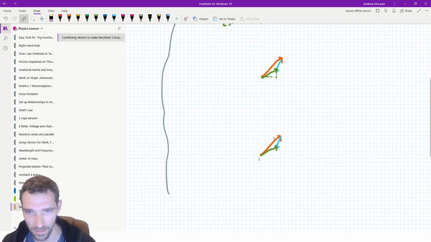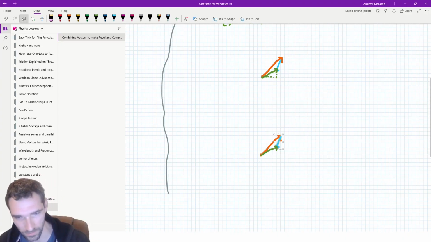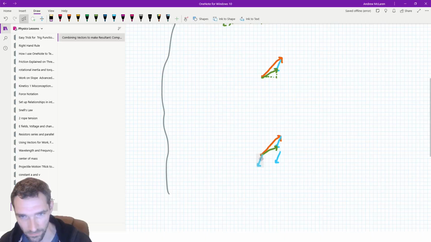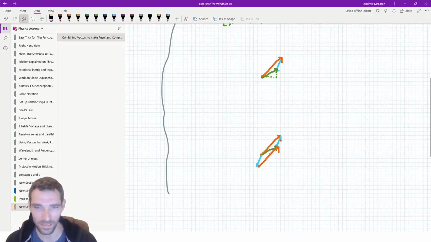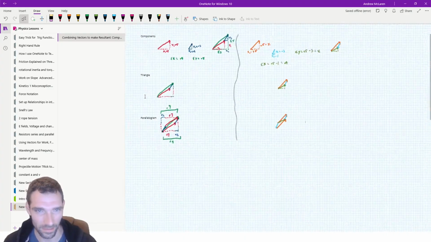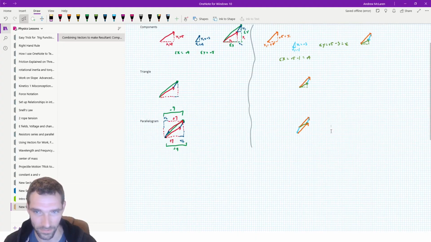But this is a little bit weirder when you do it this way for this particular method, because it doesn't really look very neat. It is still a parallelogram, and you've still got these two components being put together to get the green, but it's just a little bit harder to see than when we were just working with these positive values to get from going from one corner of this parallelogram to the other corner.